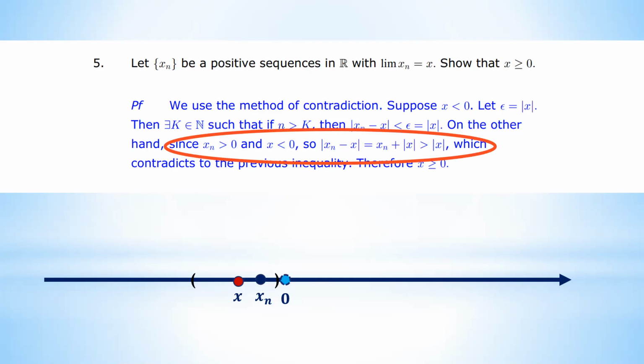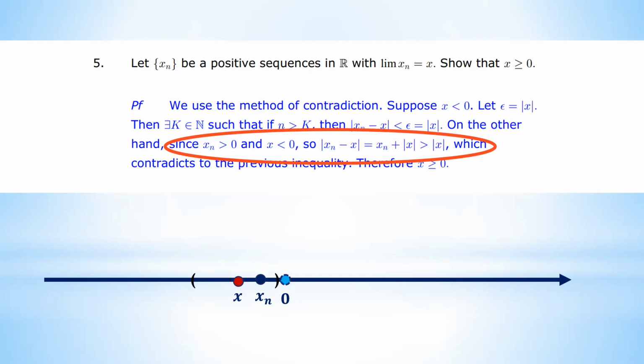Now xn is positive, this is our assumption, and also x is negative. So look at the difference, xn minus x. xn is positive, and minus x is also positive, because x is negative. Therefore, xn minus x is a positive number.